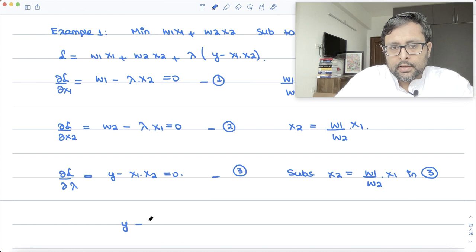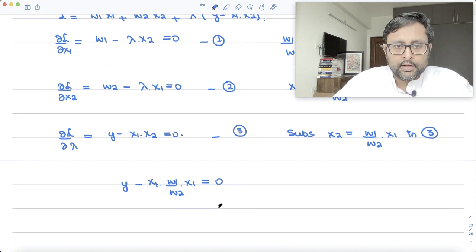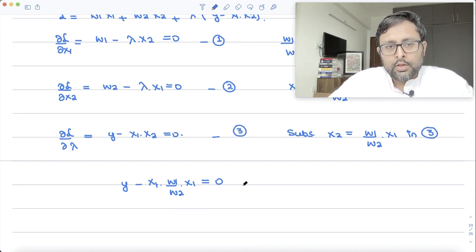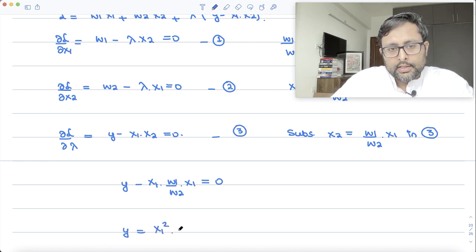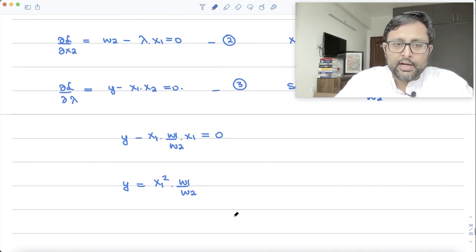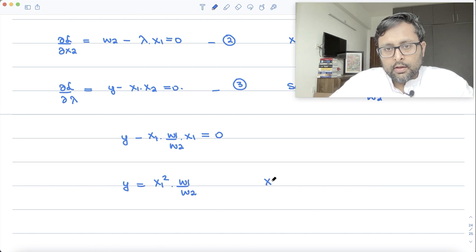Y minus x1, and in place of x2 I'll write W1 by W2 x1, equals 0. That would mean y is equal to x1 squared times W1 by W2. So x1 squared is W2 by W1 y.